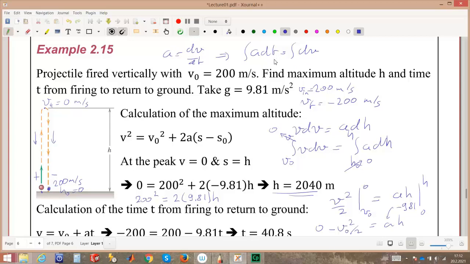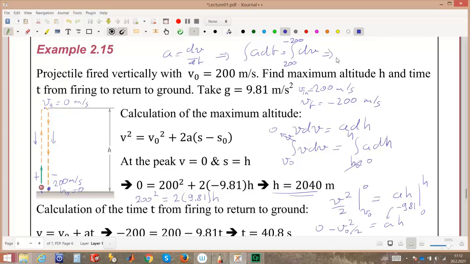Now, we are looking for time here. a is already the same acceleration throughout the motion. It's in the negative direction, right? Negative 9.81 for the positive selected direction. And here we have from 200 meters per second to negative 200 meters per second.